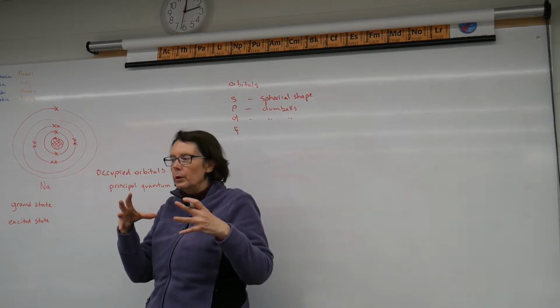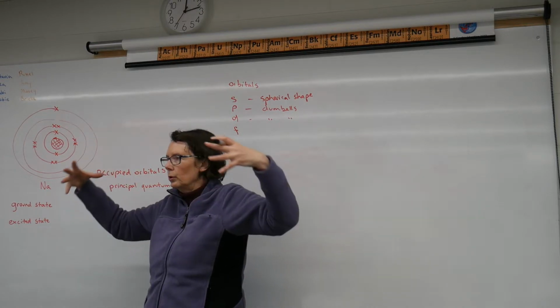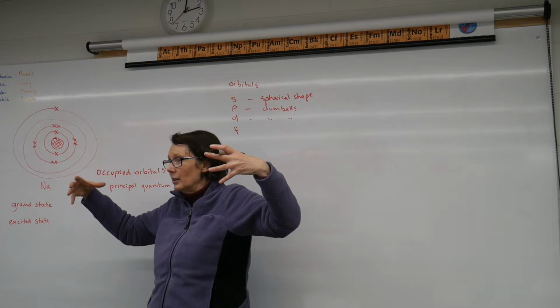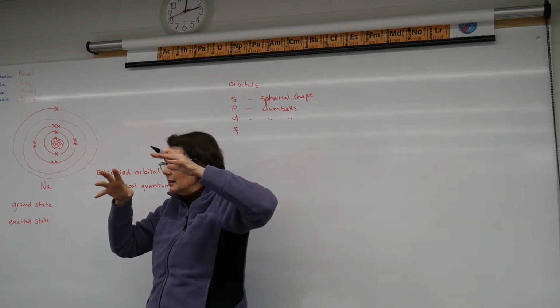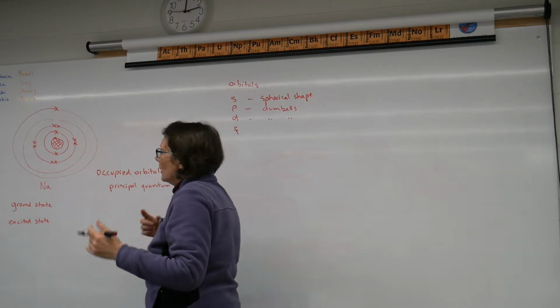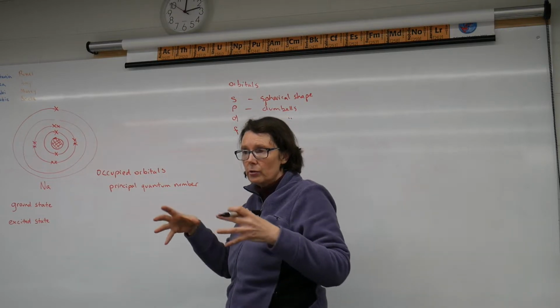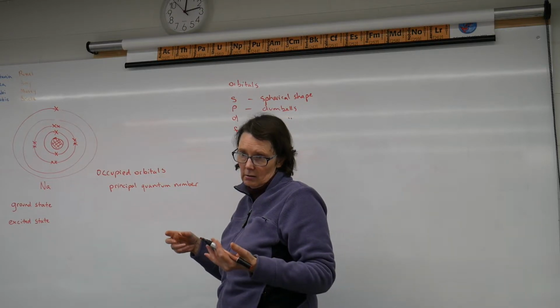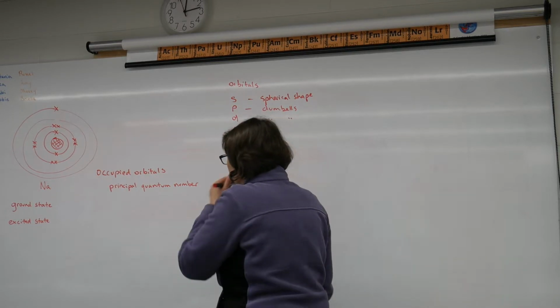If you're blowing up a balloon and you're putting a bigger and bigger balloon around the nucleus, the area within each of them is increasing all the time. And so that's why the electrons aren't going into ever-increasing spheres. That they do, but they do other things as well.